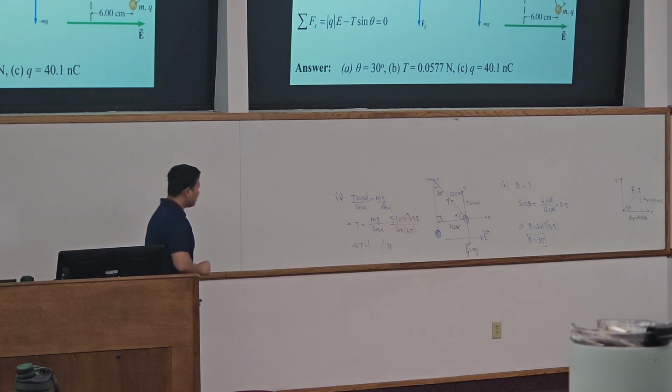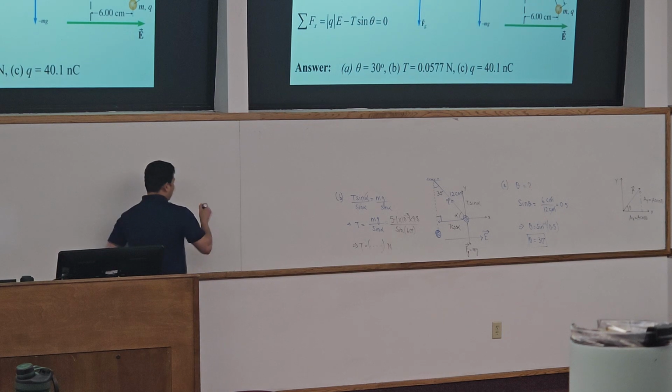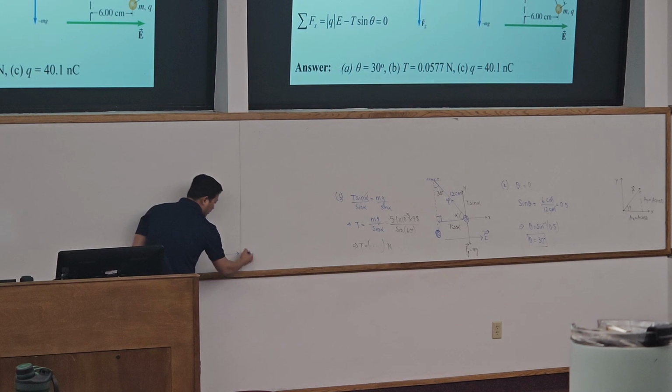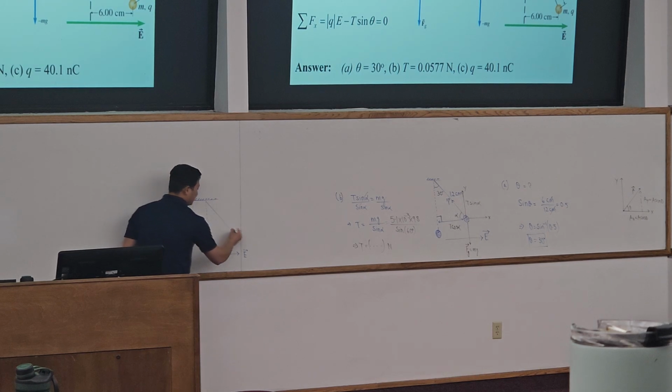This is something I want to tell you. You need to understand what is happening over here. You have a sphere that is hanging over here, a sphere of some mass. And you have an electric field over here. This sphere is displaced from the original position and reaches over here.